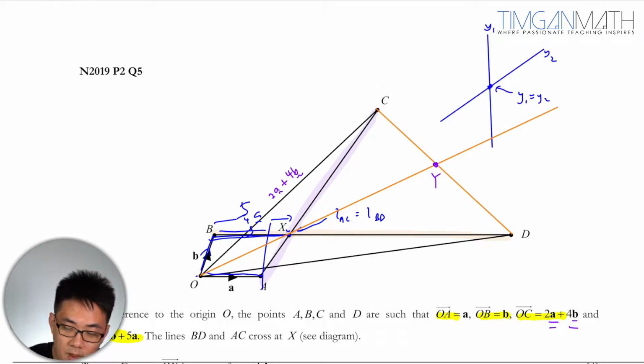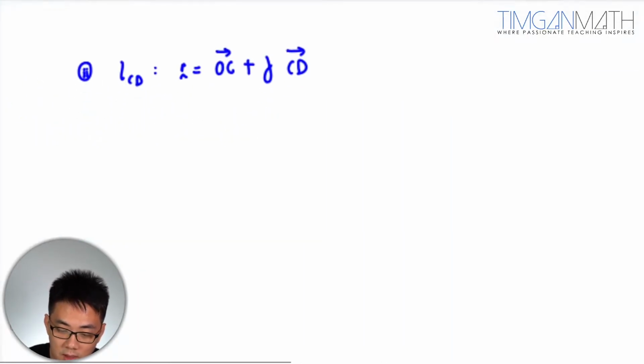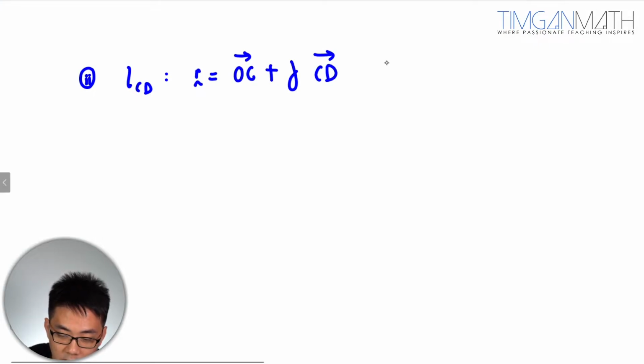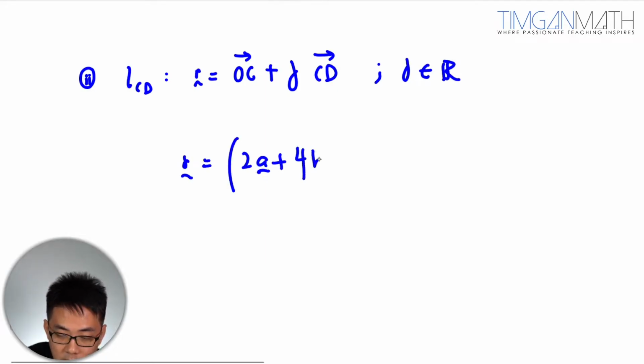That's what I'm going to do. So from here, what I'm intending to do is actually just write this down. r, where gamma is a real value, and r is equal to OC, which is 2a plus 4b plus gamma, which is actually OD minus OC. Right.